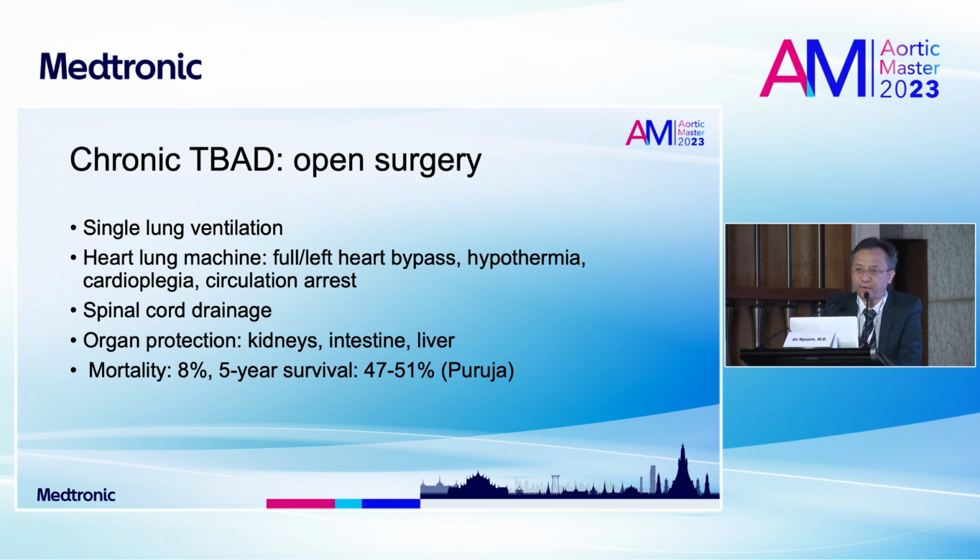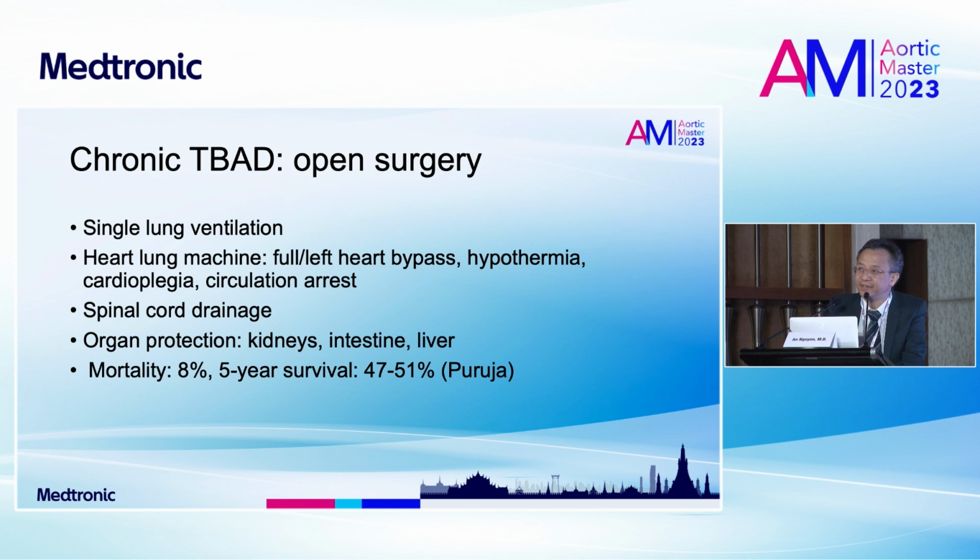For chronic type B dissection, especially graft for 1 and graft for 2, the extension of the operation may run from the subclavian artery down to the bifurcation. So it is a very complicated and very long case. It requires the most experienced surgeons to do the operation to get a good result.